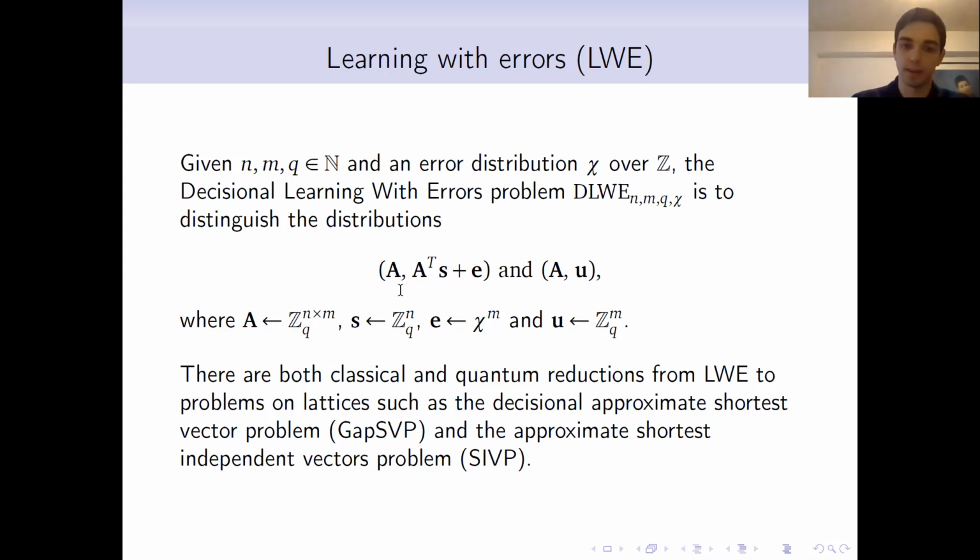And so what we are saying here is that given the matrix A, it is hard to distinguish between this vector As plus e and a uniformly random vector.